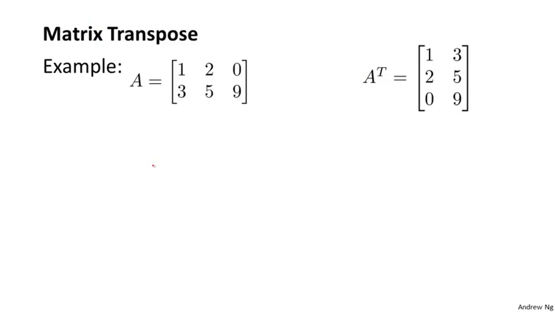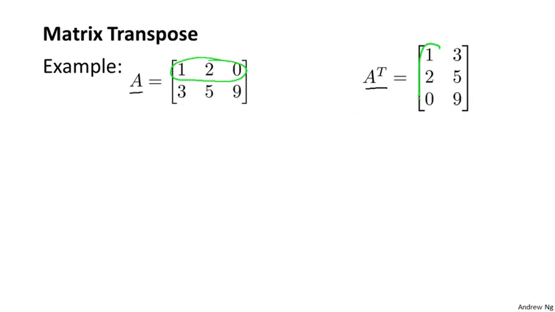Finally, the last special matrix operation I want to tell you about is the matrix transpose. So suppose I have matrix A. If I compute the transpose of A, that's what I get here on the right. This is A transpose, which is written A superscript T. And the way you compute the transpose of a matrix is as follows. To get A transpose, I'm going to first take the first row of A, 1, 2, 0.